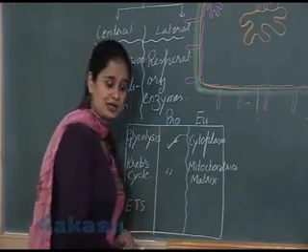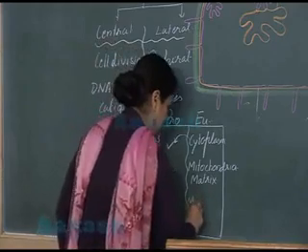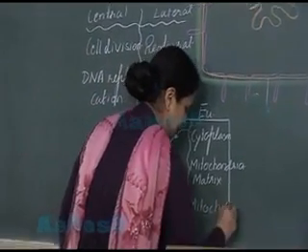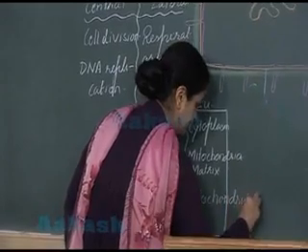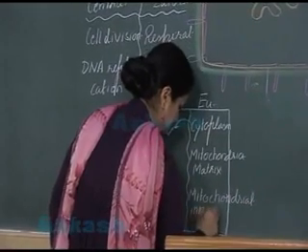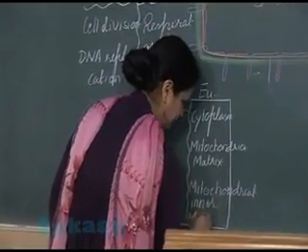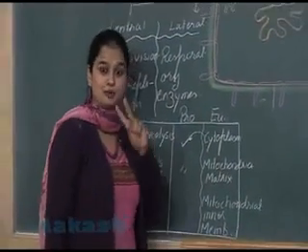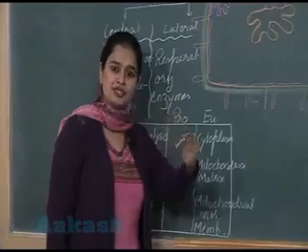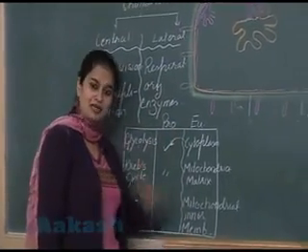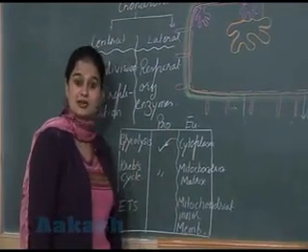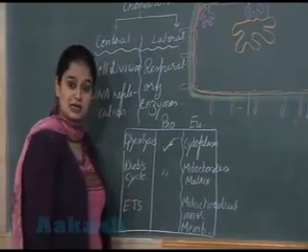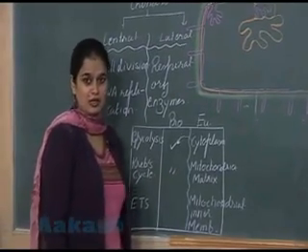ETS in the eukaryotes will occur in the mitochondrial inner membrane. There are two membranes around the mitochondria, outer and inner, and this electron transport system will occur in the inner membrane. Now ETS in the prokaryotes.